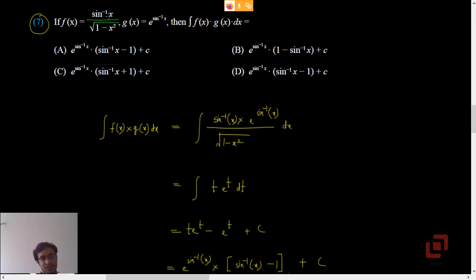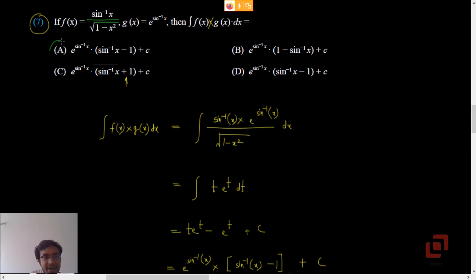If f of x is sine inverse of x upon root of 1 minus x squared, and g of x is e to the power sine inverse of x, then integral of f of x into g of x dx is equal to, option A, e to the power sine inverse of x into sine inverse of x minus 1 plus c, option B, e to the power sine inverse of x into 1 minus sine inverse of x plus c, option C, e to the power sine inverse of x into sine inverse of x plus 1 plus c, and D is e to the power sine inverse of x into sine inverse of x minus 1 plus c.